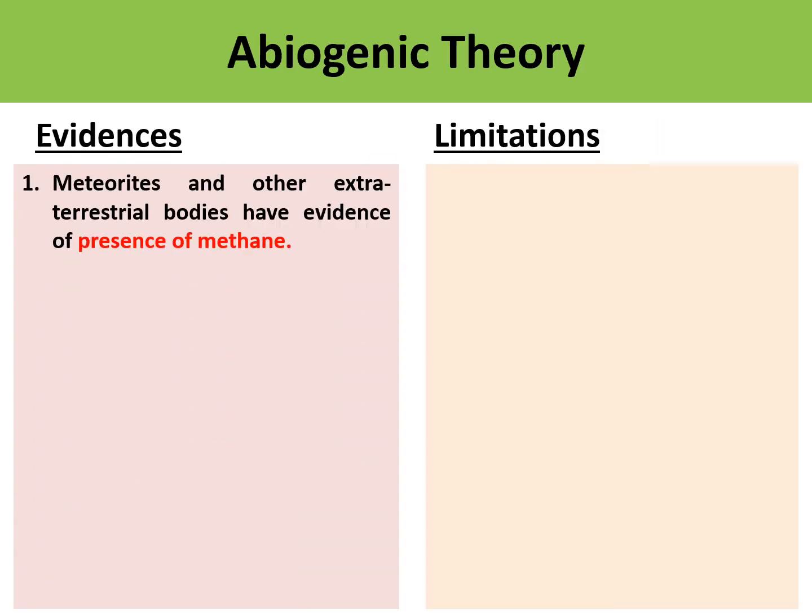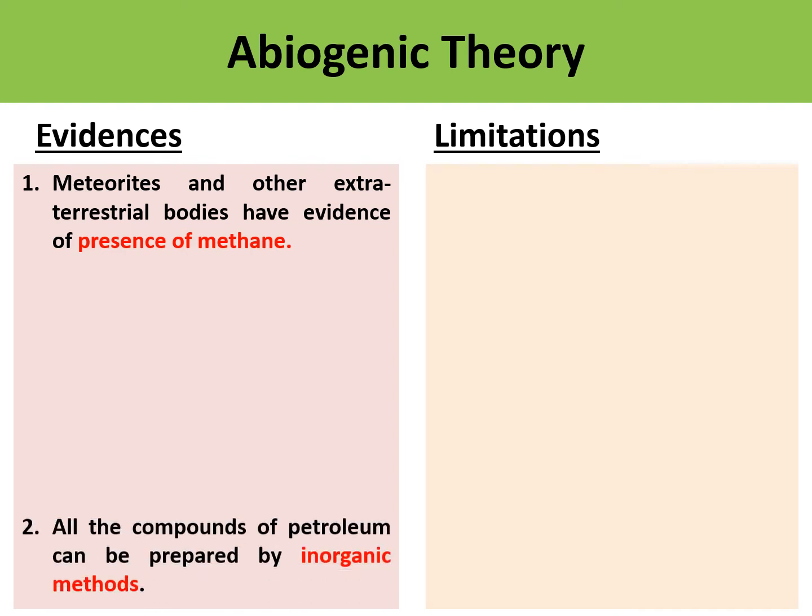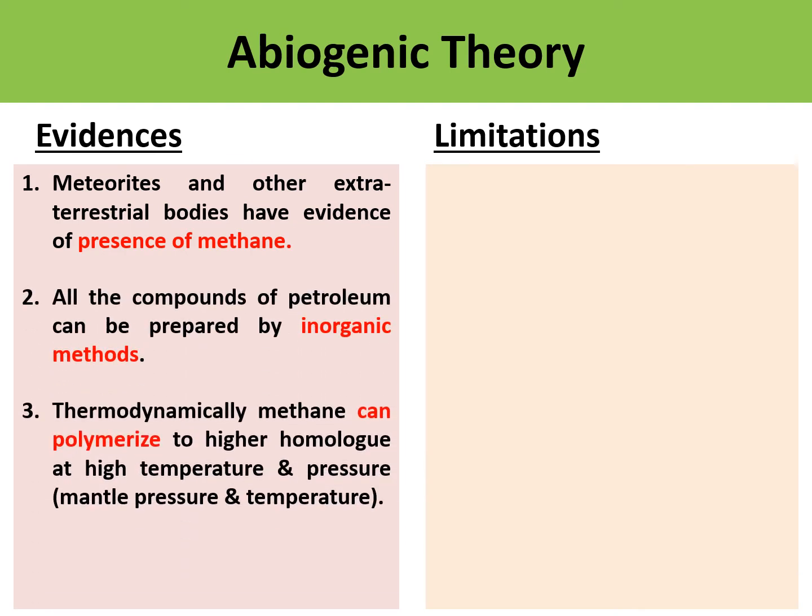For the abiogenic theory, there are four pieces of evidence supporting the origin of petroleum through this theory. First, scientists said there is presence of methane in meteorites and other extraterrestrial bodies that ultimately has the same source as the mantle of the earth.